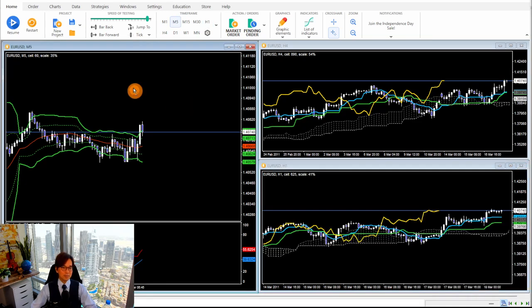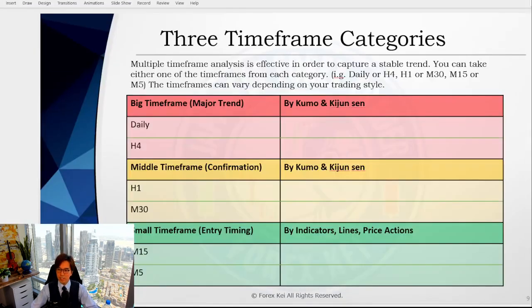In the live market, I check either daily or 4. Like I mentioned previously on this slide, I check the daily or 4, confirm it by 1 hour or 30, and take entries by 5 or 15 minute time frames. But this time in the running tester, I take the 4 hour and 1 hour time frames fixed and the 5-minute fixed.